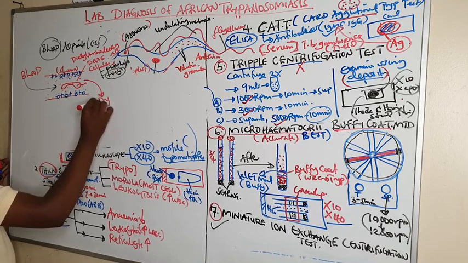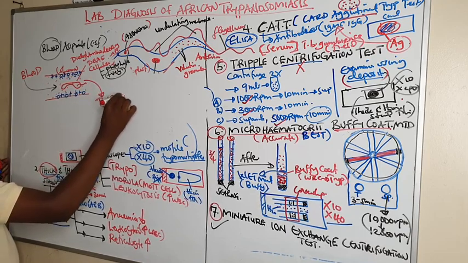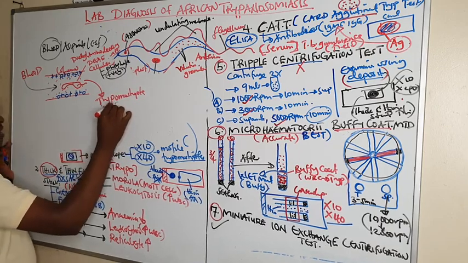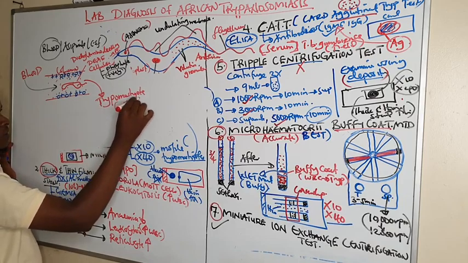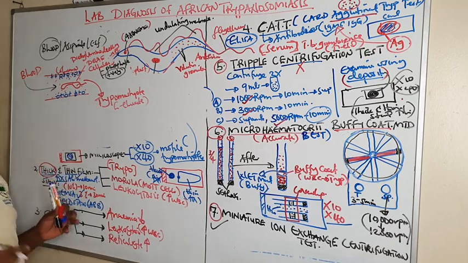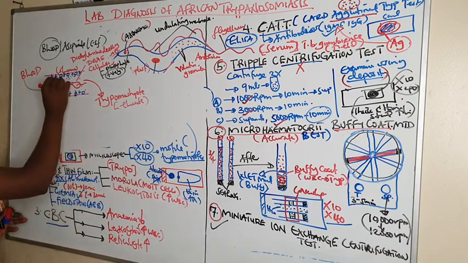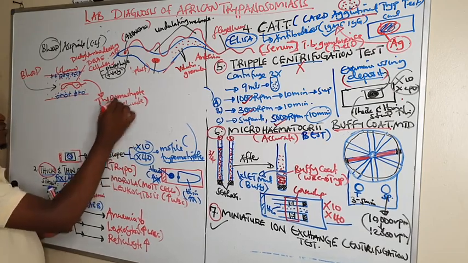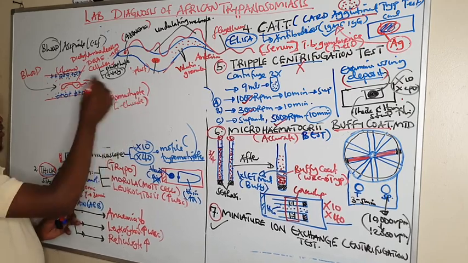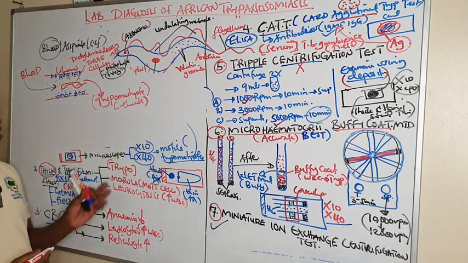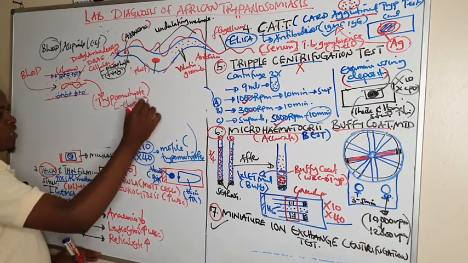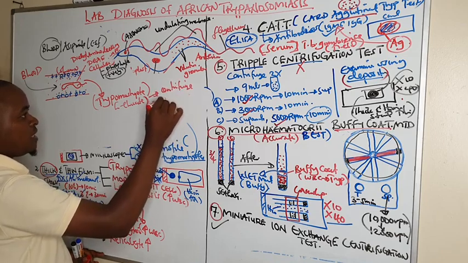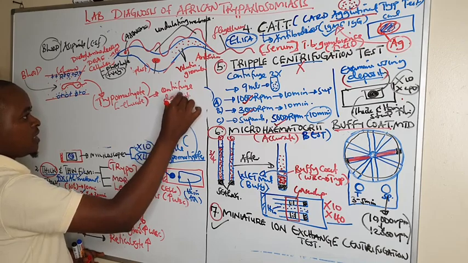So the trypomastigotes are eluted and they are found in the eluent. Why? They are less negatively charged compared to the cells. So in the eluent, we are going to find only the trypomastigotes when we have removed the cells. After getting this eluent, we can go further and centrifuge to obtain the deposit or the sediment.